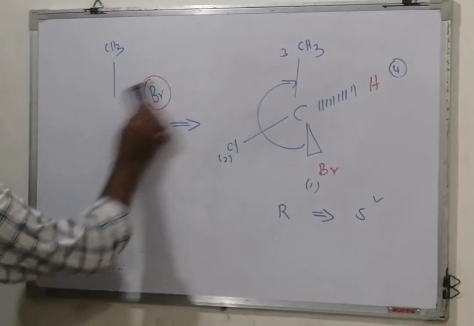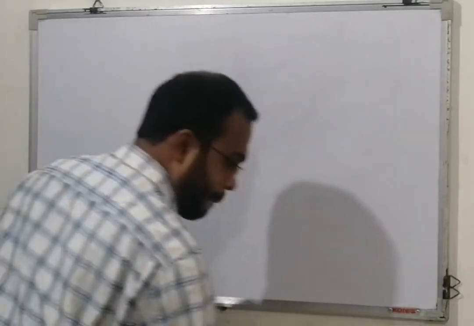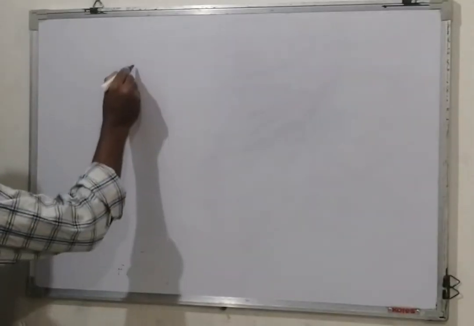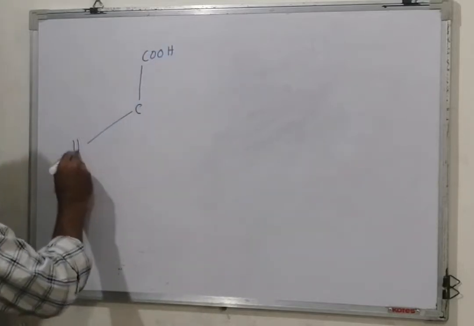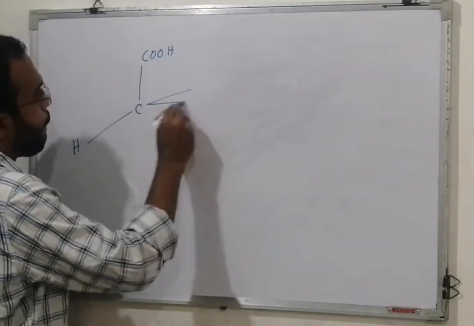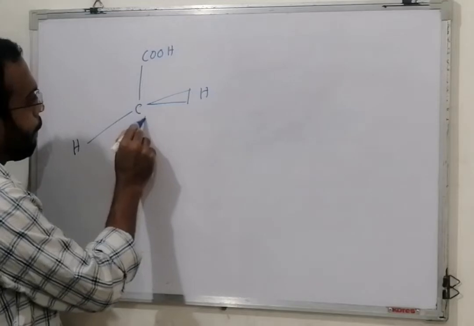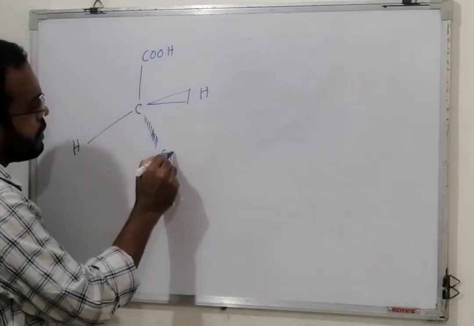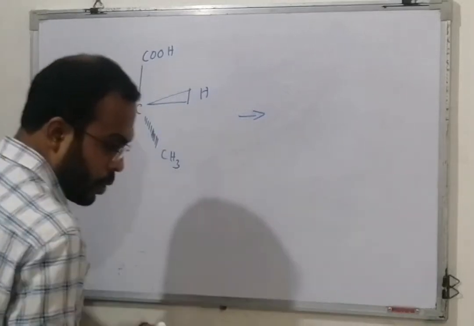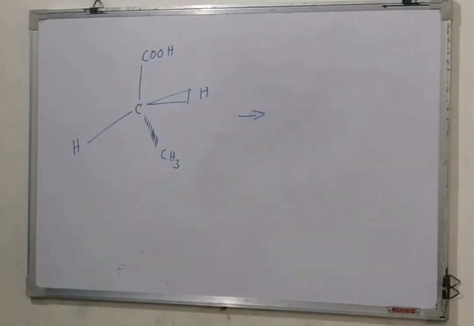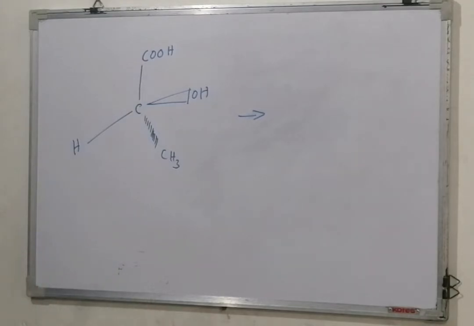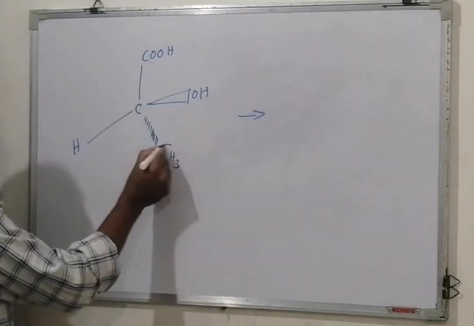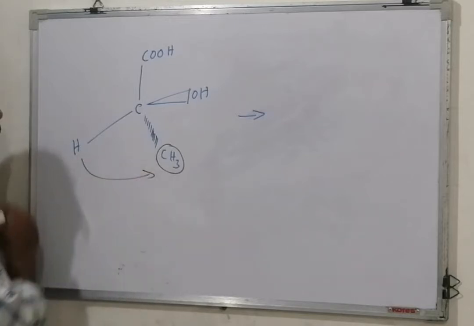Now, one more example. COOH, H, CH3. I'm sorry, here OH. Here also the problem is that in the dashed line you have CH3, but this is the least priority, so that should be exchanged.